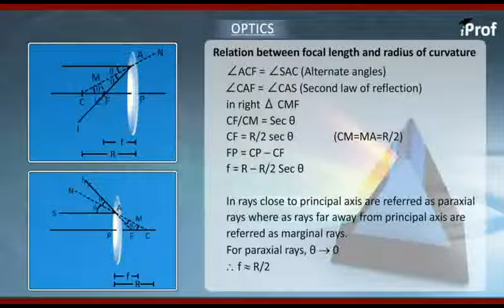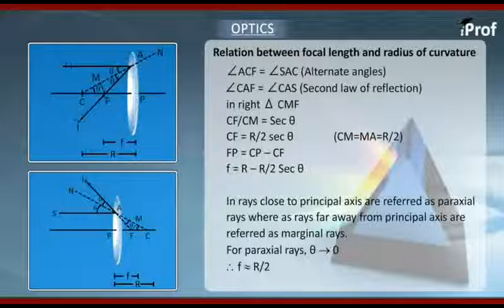Because base angles are equal, it is an isosceles triangle, and we know from the lower classes that a perpendicular drawn from the opposite vertex will bisect the opposite side. Hence CM will be r by 2, CA will be the radius of curvature, so we can represent it by r, and CM will be r by 2. Hence we get the value of CF as r by 2 sec theta.